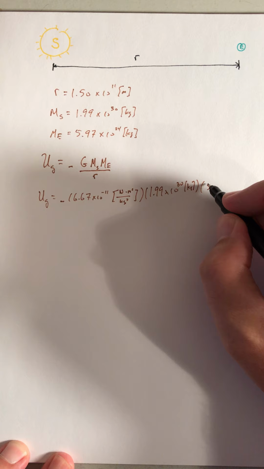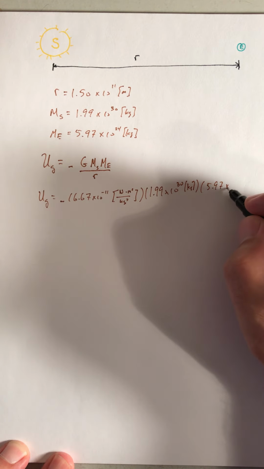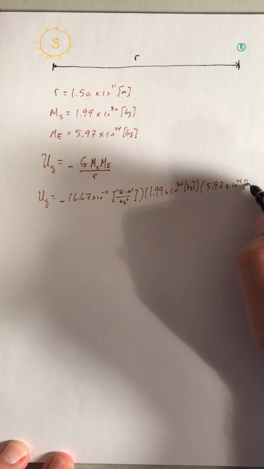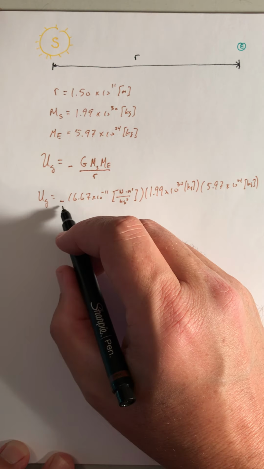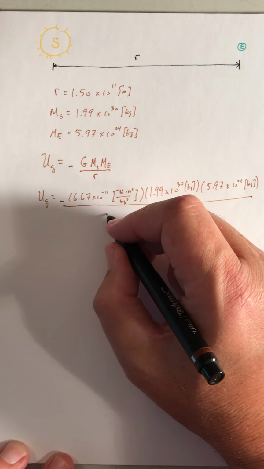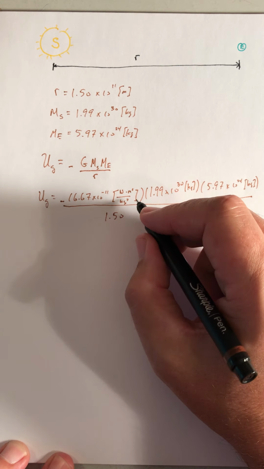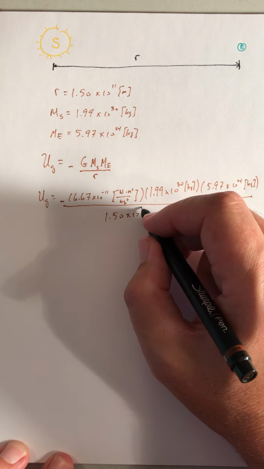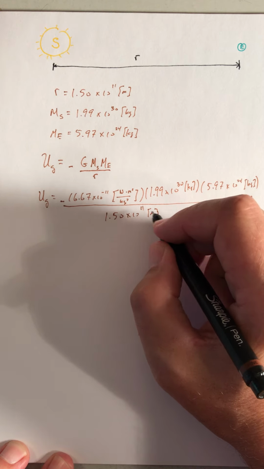And mass of the earth, 5.97 times 10 to the 24th kilograms. And that's all over 1.5 times 10 to the 11th meters.